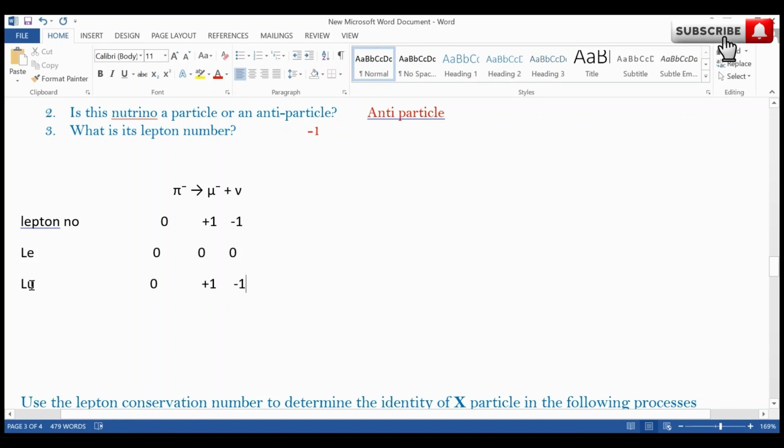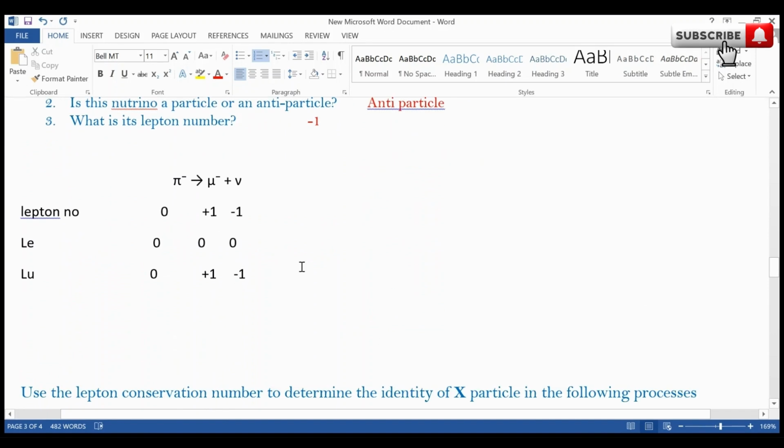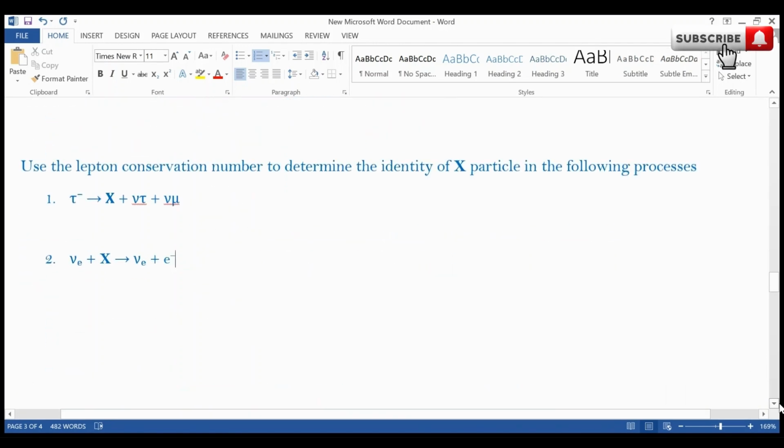From this, we can conclude that the muon belongs to the muon lepton family. So basically it is an anti-muon neutrino.